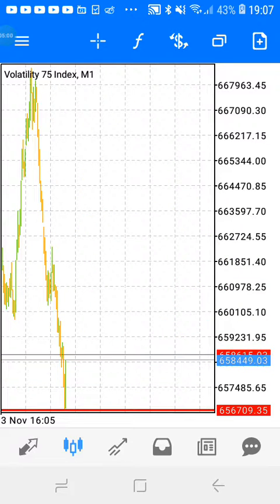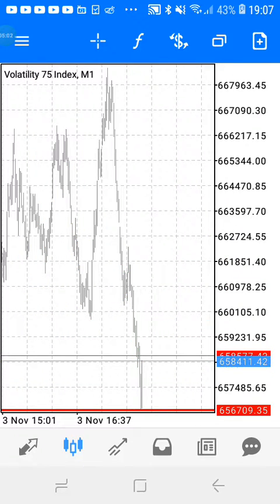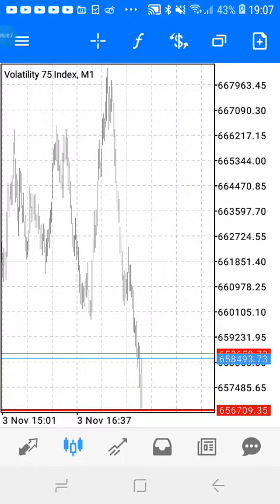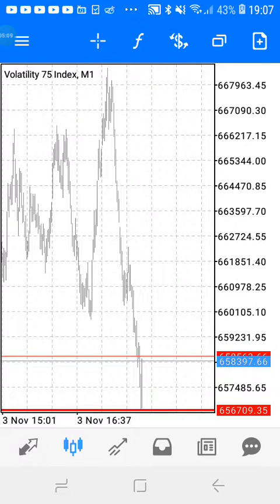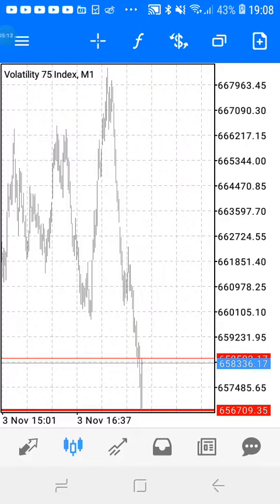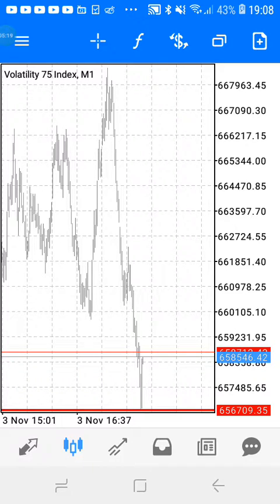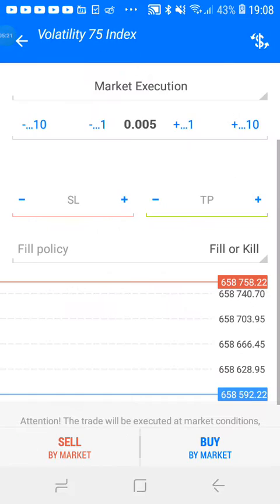So let's go to our M1. Let's see what is happening on our M1, guys. Can you see that it reached that line, the red line that I put on day one, and then it's bouncing back, because M1 is very weak. If you are dealing with M1, it's very weak, guys, especially when it comes to price.